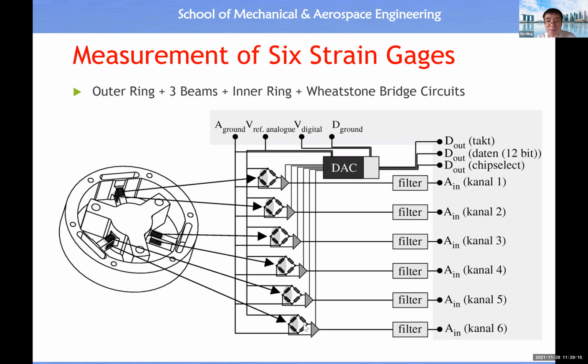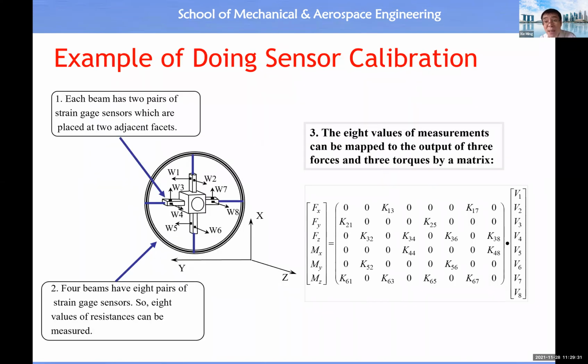So in total we have 1, 2, 3, 4, 5, 6 Wheatstone bridge circuits. Then therefore we have 6 outputs, 6 readings. Then we can relate these 6 readings to the 6 unknowns. Then by default we just use a matrix. This is called a calibration matrix.